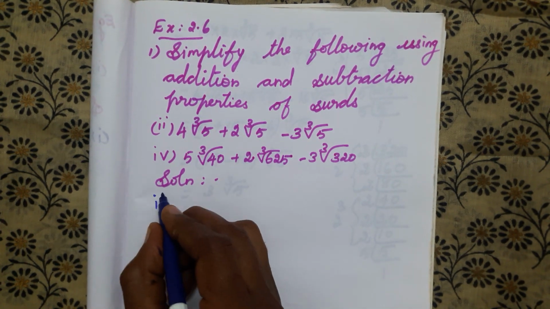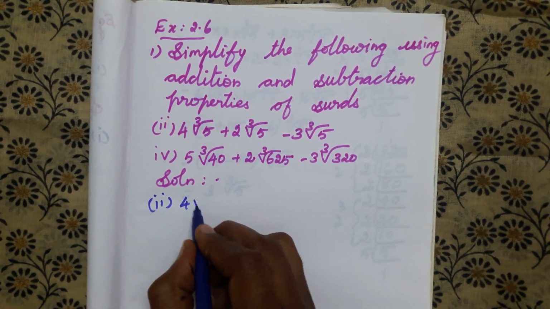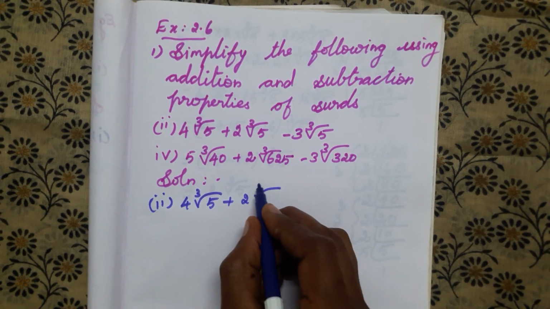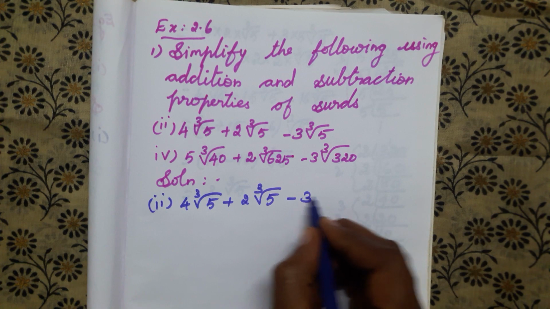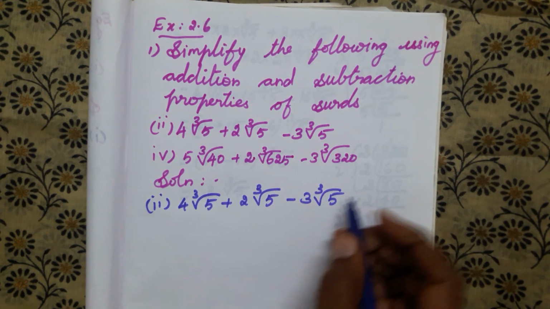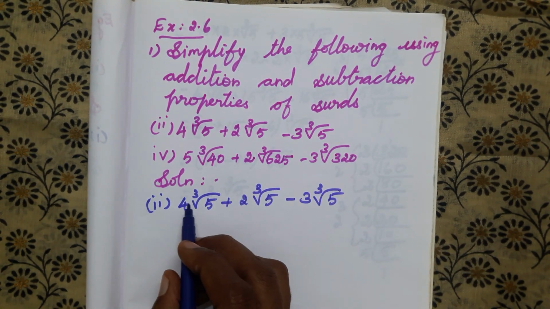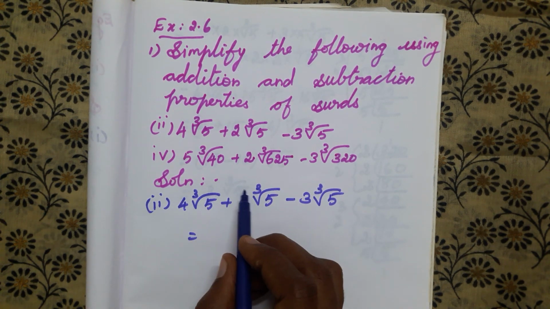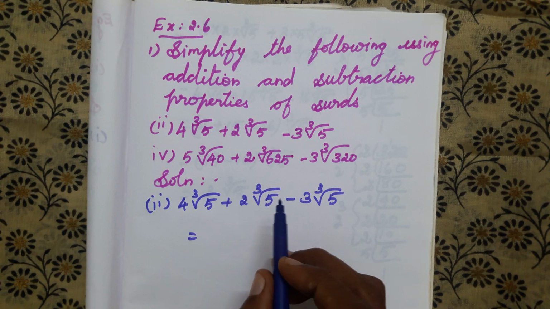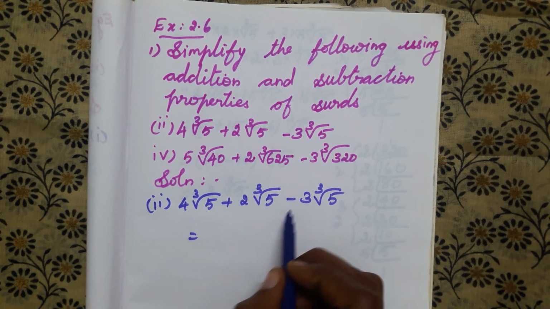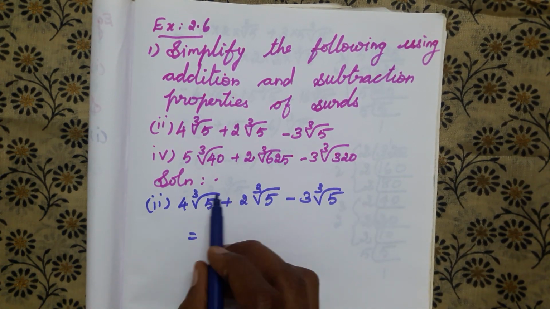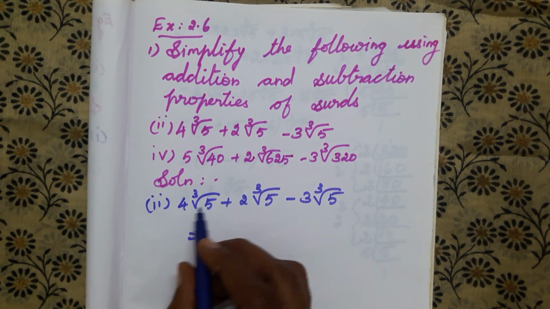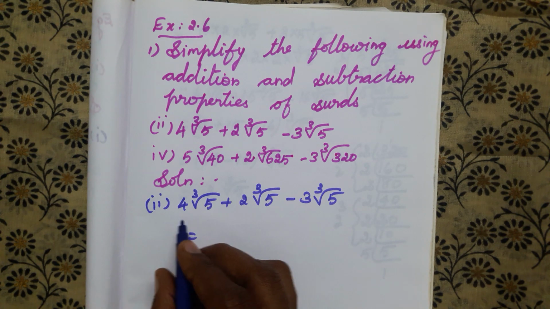Here you check these three numbers. What's the order of this? 3, 3, 3. What's the radicand? 5, 5, 5. So these three are like surds. We can add or subtract, is it?